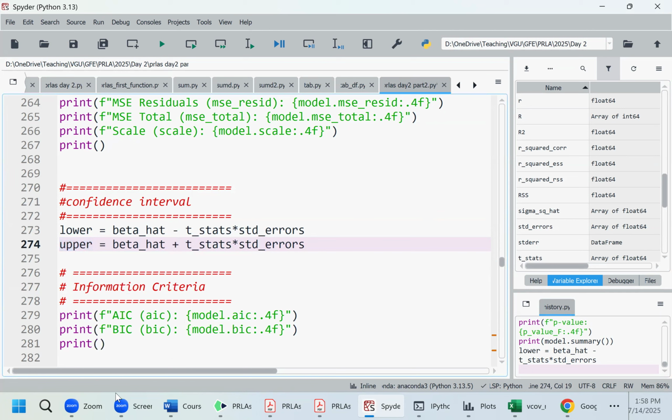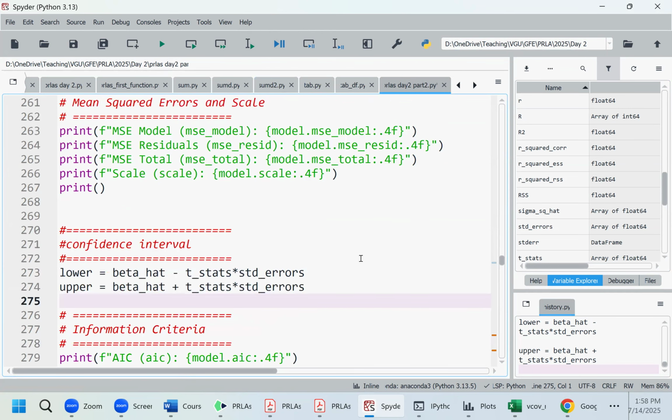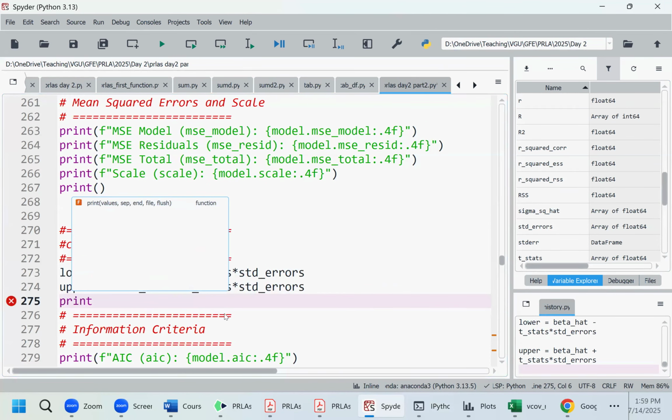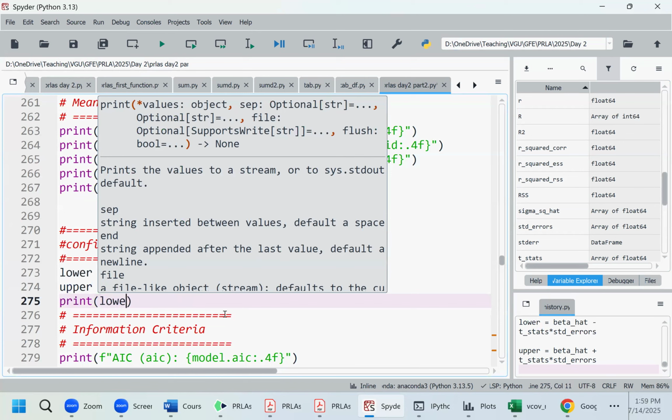Okay. So now you want to print it, is that right? Or do you need to turn it into a data frame? Okay. It's fine? Print it. Now let's say lower and then upper.